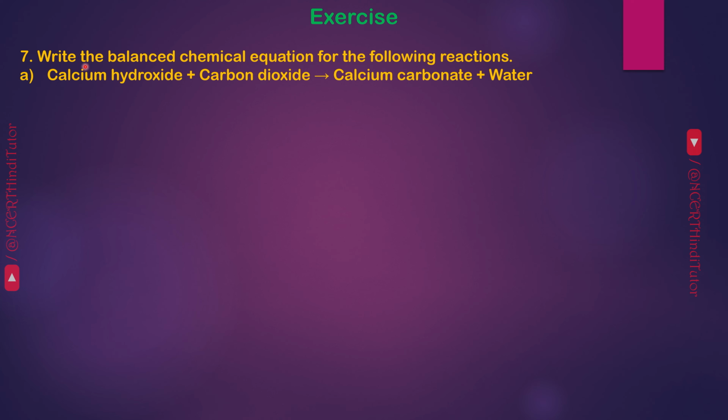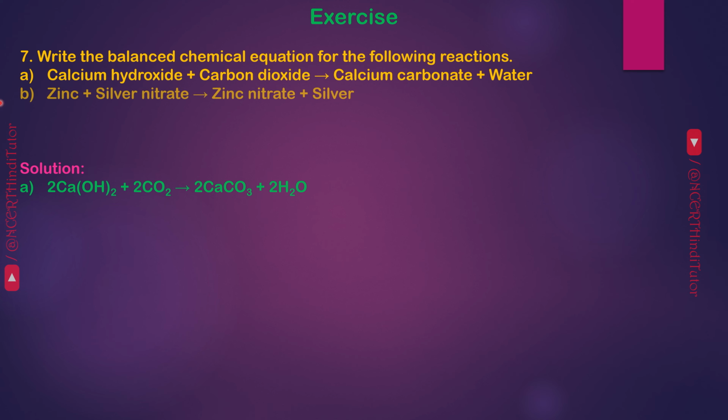Question 7. Write the balanced chemical equation for the following reactions. A. Calcium hydroxide plus carbon dioxide gives calcium carbonate plus water. Answer: 2CaOH2 plus 2CO2 gives 2CaCO3 plus 2H2O. B. Zinc plus silver nitrate gives zinc nitrate plus silver. Answer: Zn plus 2AgNO3 gives ZnNO3 plus 2Ag.